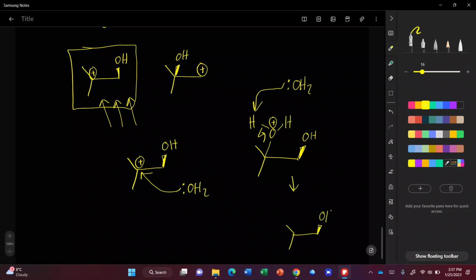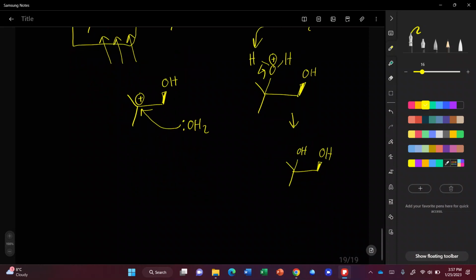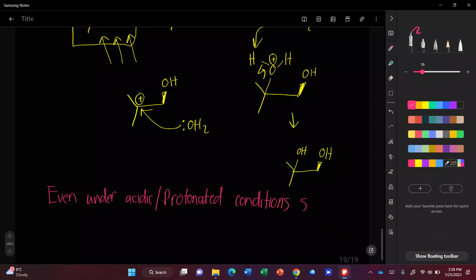So I get this. Okay. Now I say imagine. So this is the right product that you would get. Okay. However, the reality is that even under acidic, protonated conditions, it actually still follows an SN2 mechanism, which might confuse you.